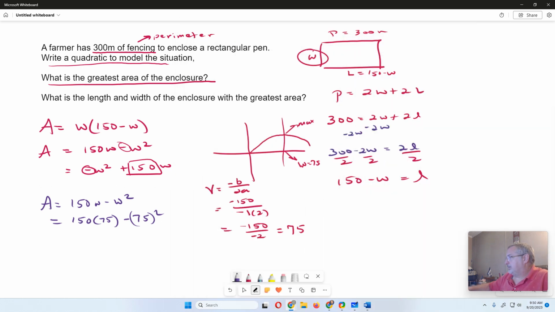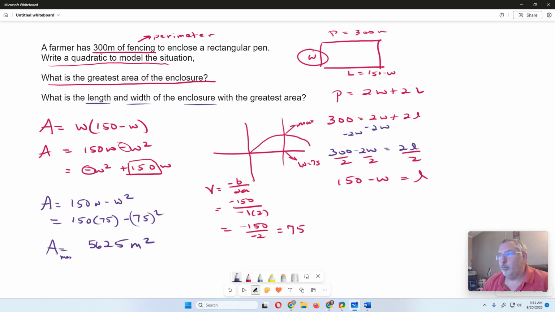So the max area is 5,625 meters squared. Now the second question: what's the length and the width of that enclosure with the greatest area?